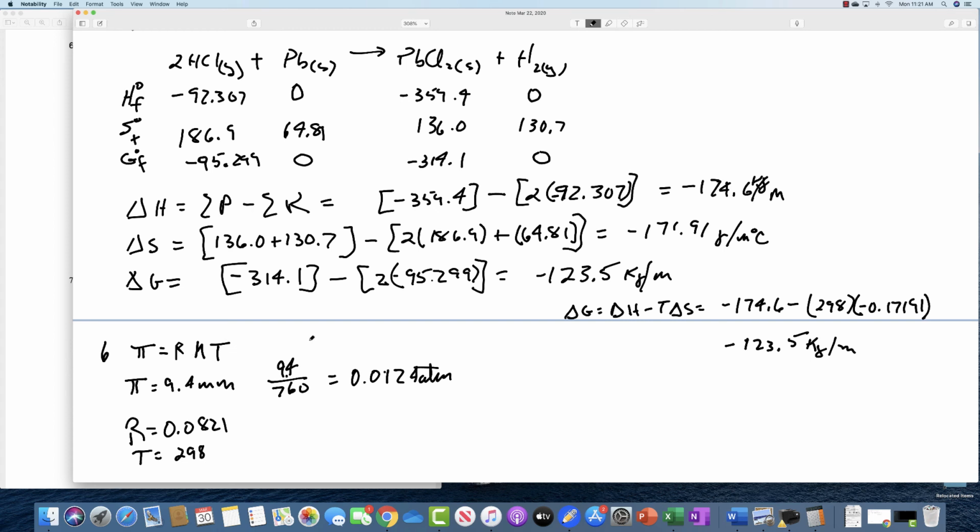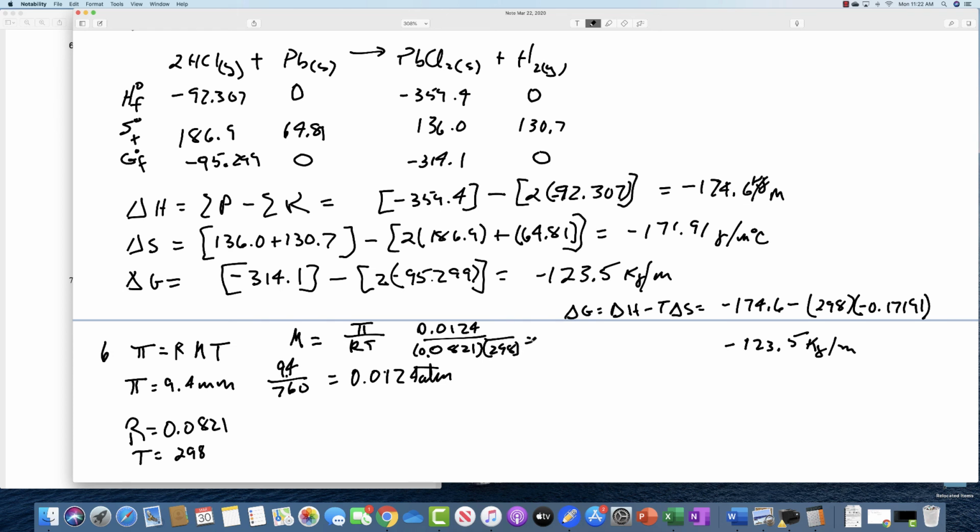If we rearrange this, molarity is equal to the osmotic pressure divided by RT. So this is going to be 0.0124 divided by 0.0821 times 298.